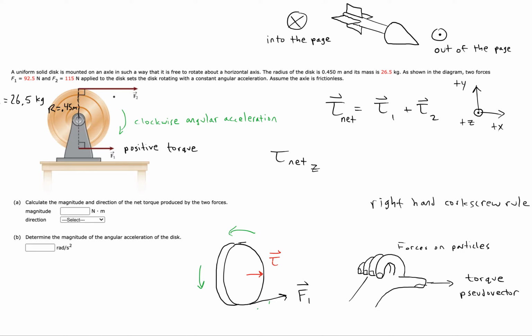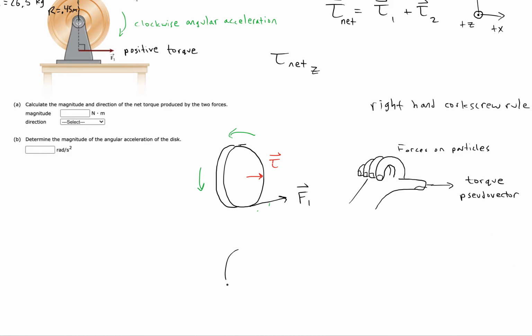Whereas for F2, it would be the opposite. Alright, so let's show F2 real quick. Yeah, okay. So for F2, that's up here. So you gotta totally switch your hand around, so that you now have your fingers curling this way. But then your thumb points back in space when you do that.